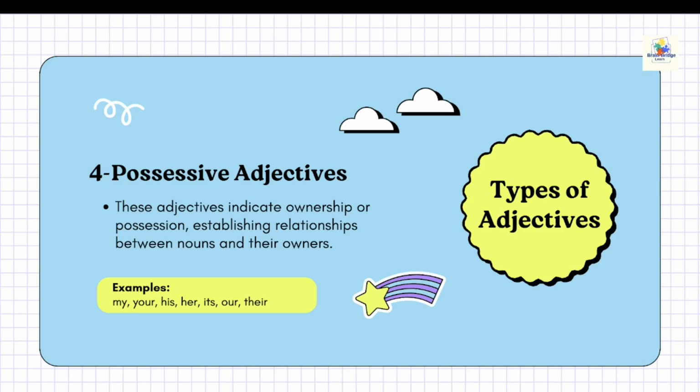Like she is my mother. Here my is the adjective. She is your mother. Here your is the possessive. She is his mother. Here it is telling that that woman is his mother.